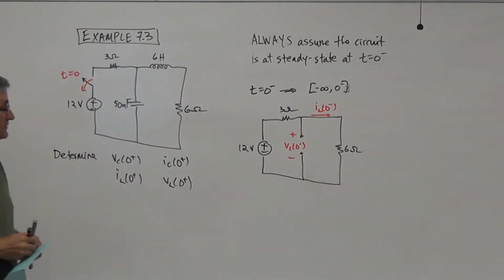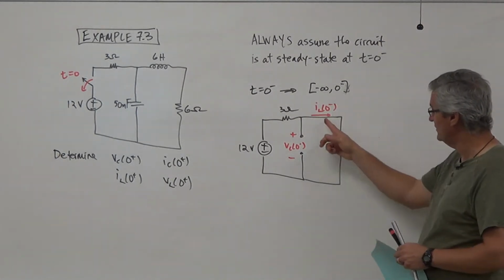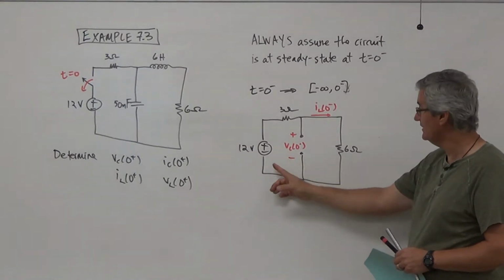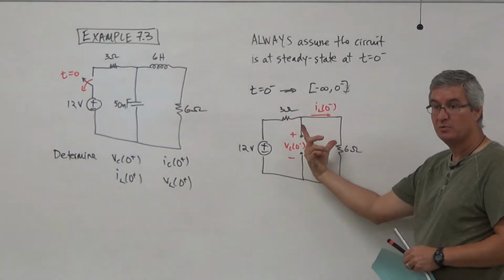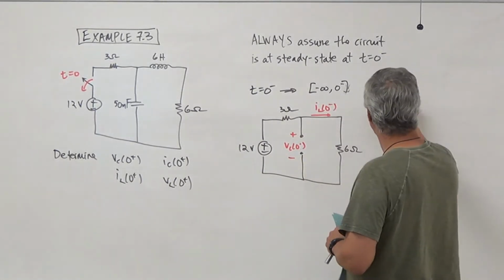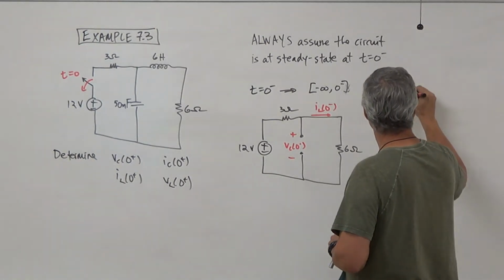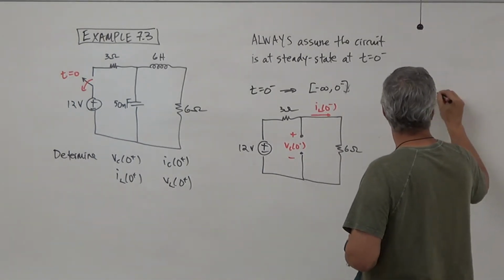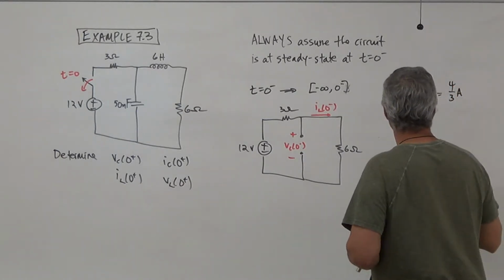Well, I see that for the current of the inductor, I only have one branch here, so it's got to be 12 divided by the sum of these, so 12 divided by 9, which should be 4/3. So IL of 0 minus is 12 divided by 3 plus 6, that is 4/3 of an amp.